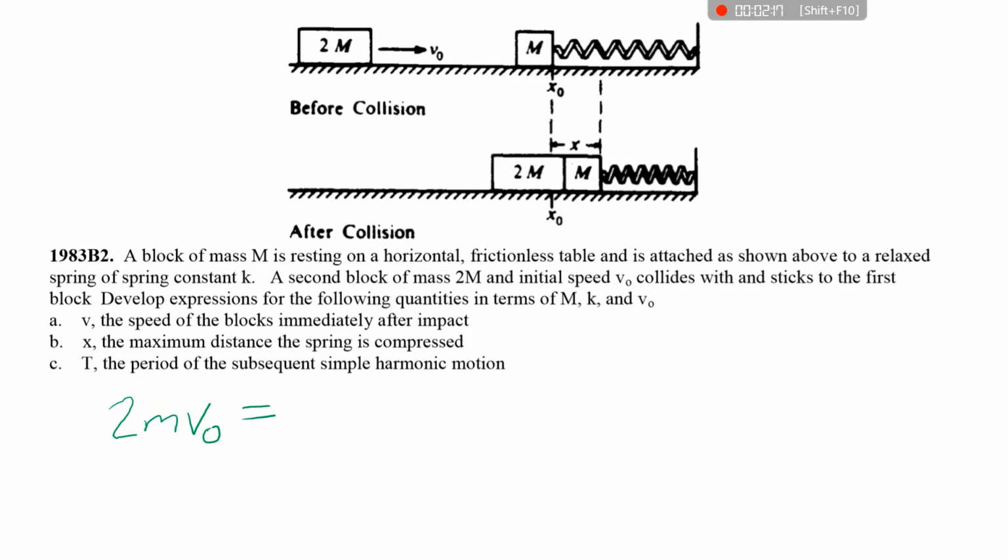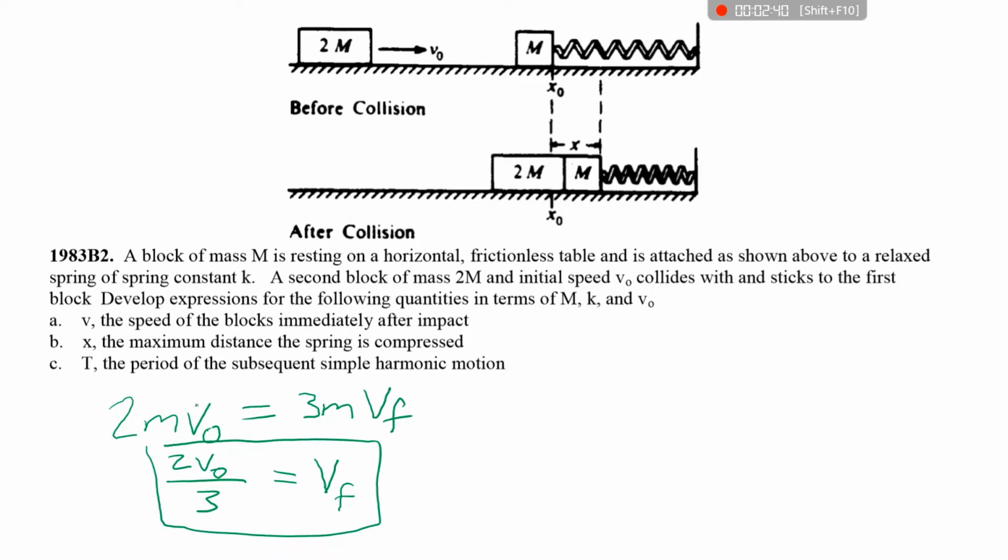And then immediately after they touch, what will happen? It's 3 m v final. They attach together. Okay, cool. So we can solve for v final as 2/3 v initial.